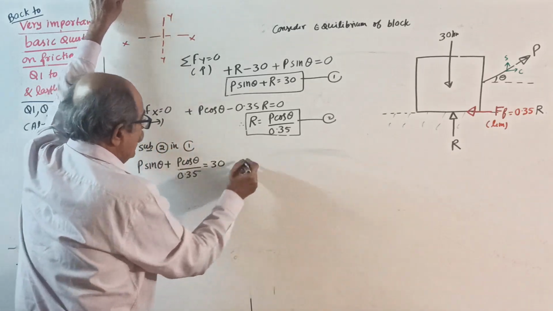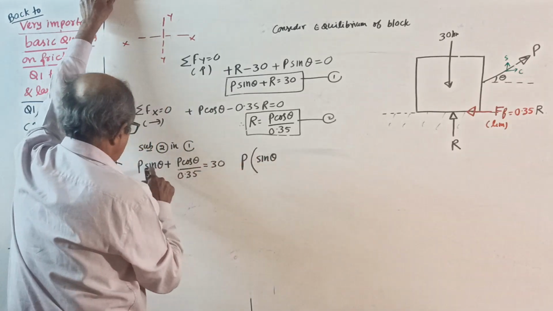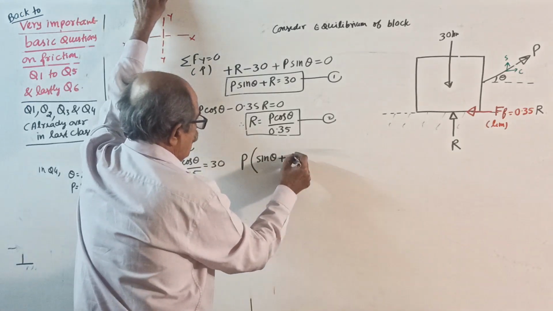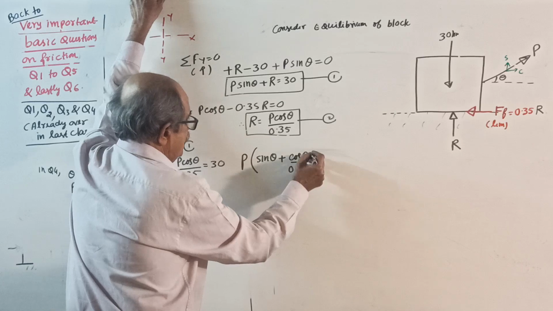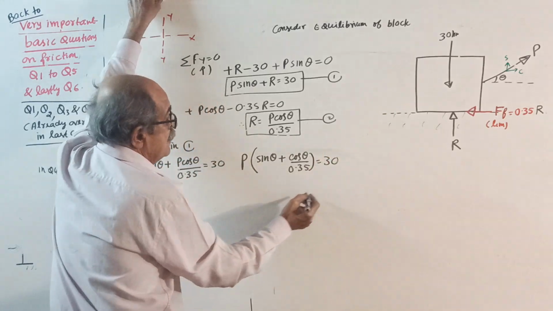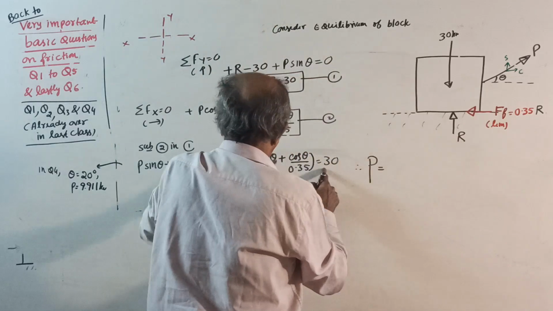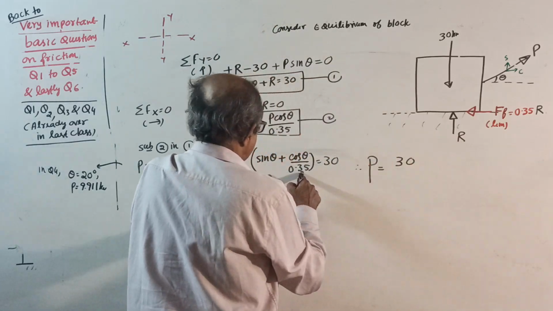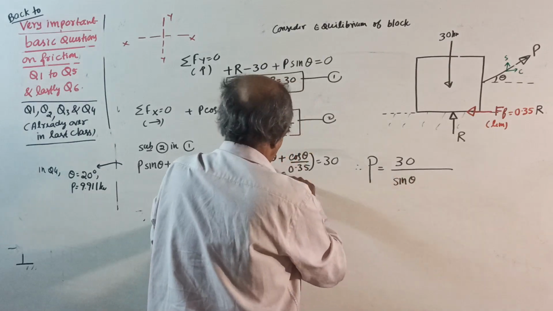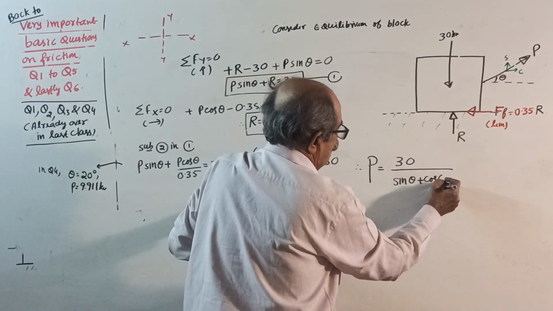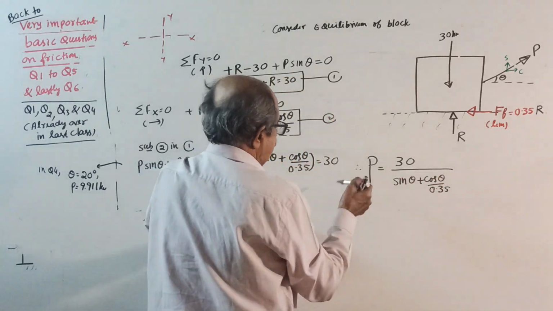Therefore, take P outside: P times (sin theta plus cos theta divided by 0.35) equal to 30. Therefore, your P will become 30 divided by (sin theta plus cos theta divided by 0.35). This is the equation for P in terms of theta.